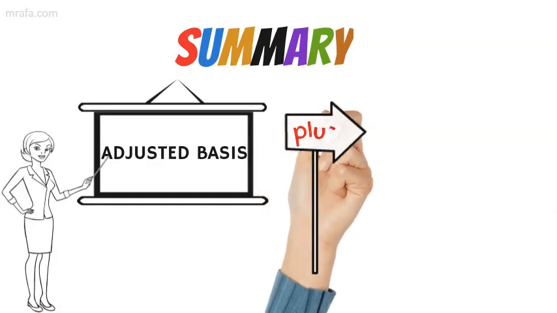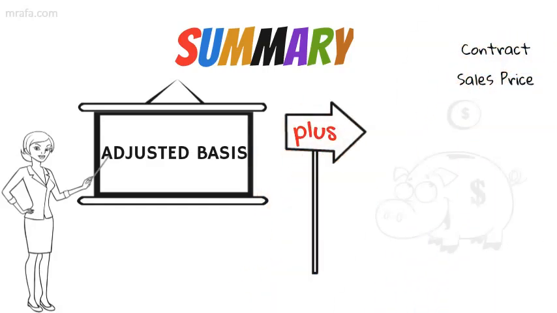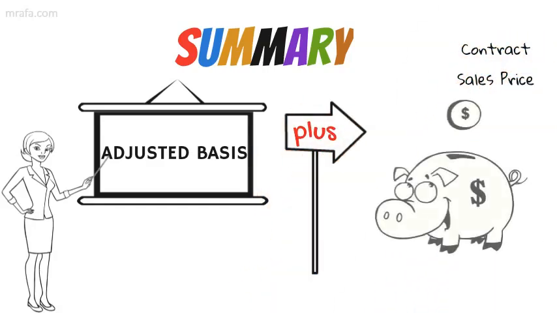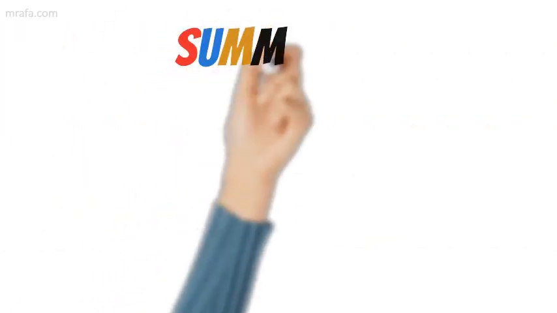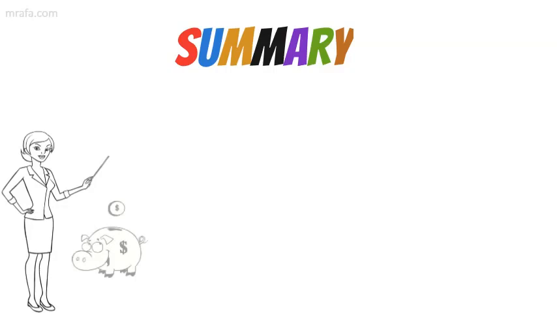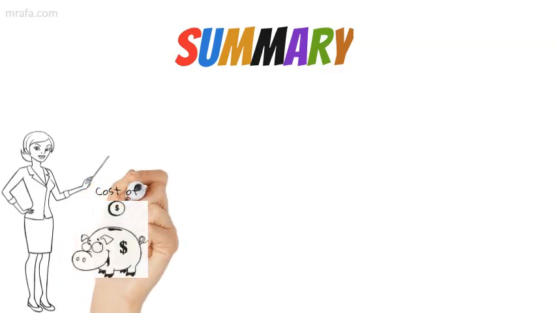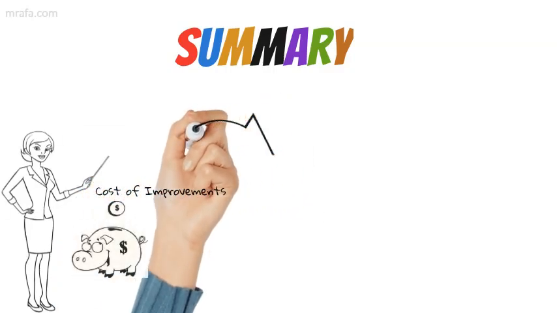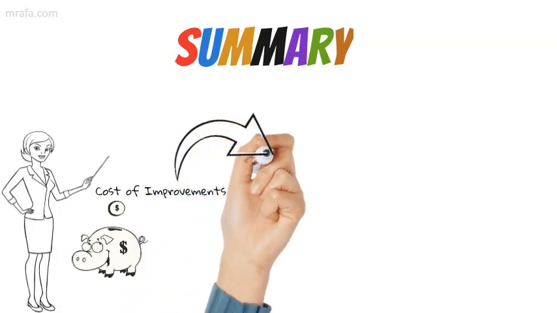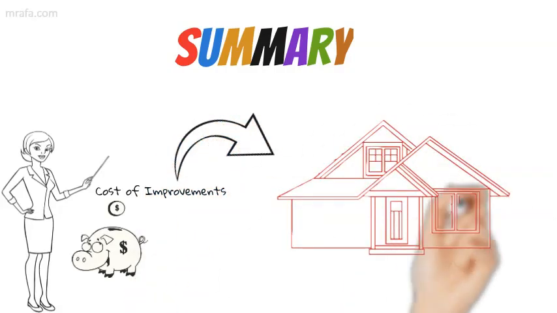So look at the contract sales price and pick the cost for the improvements and the building, you add that. And then if the personal property is part of what you're purchasing, then you add that too.